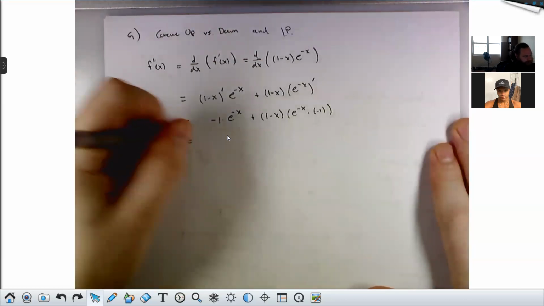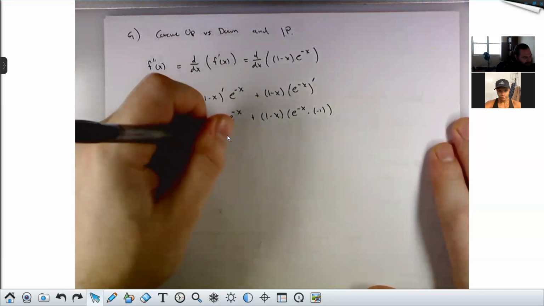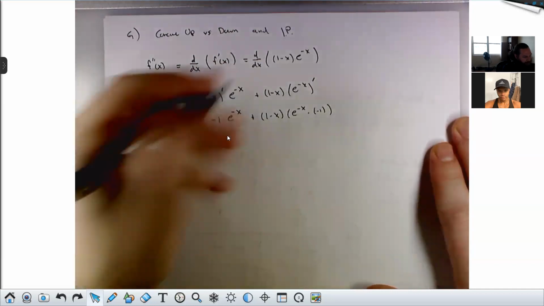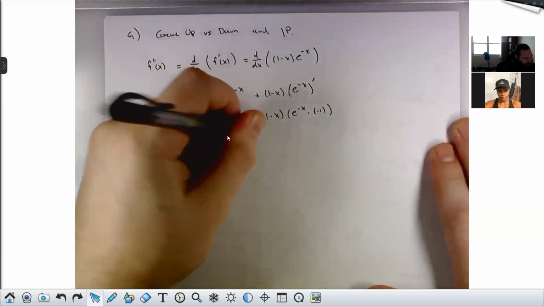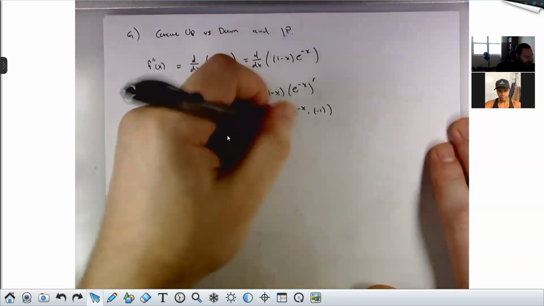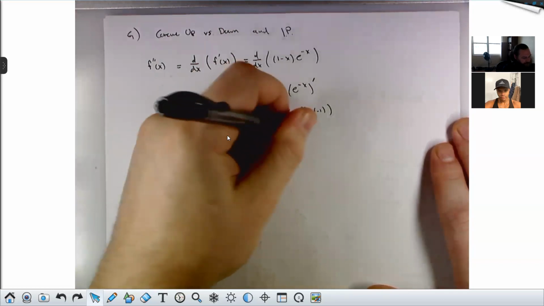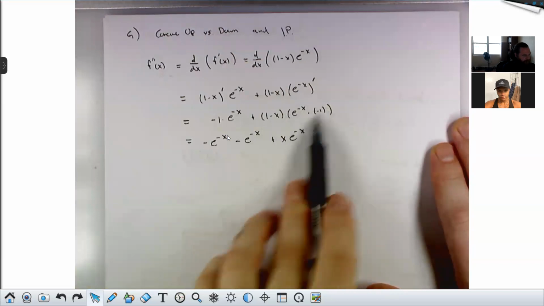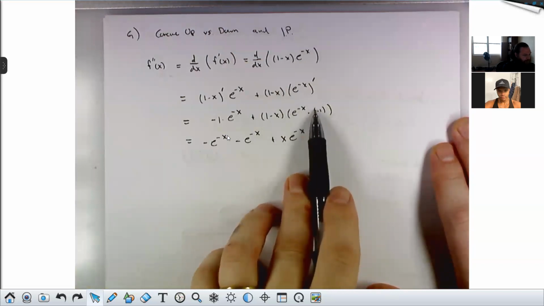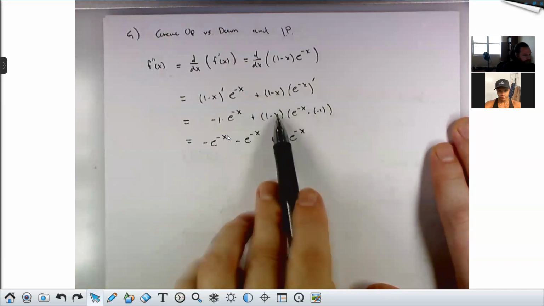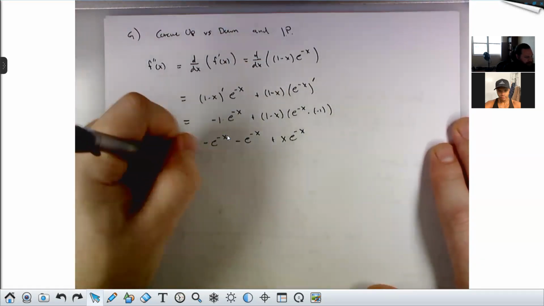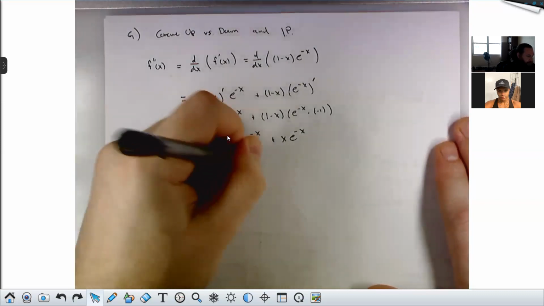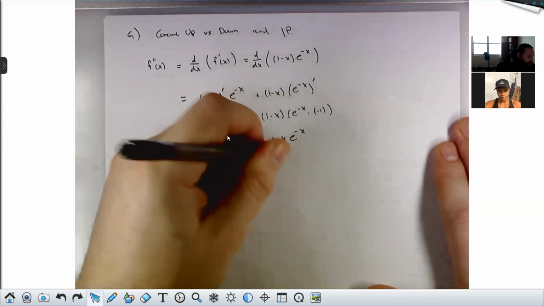So if I distribute everything out, this is negative e to the negative x, and so minus e to the negative x plus x e to the negative x. You can think about it like this: this is negative e to the negative x, and I'm going to distribute it here and here. So altogether, this is negative 2 e to the negative x plus x e to the negative x.